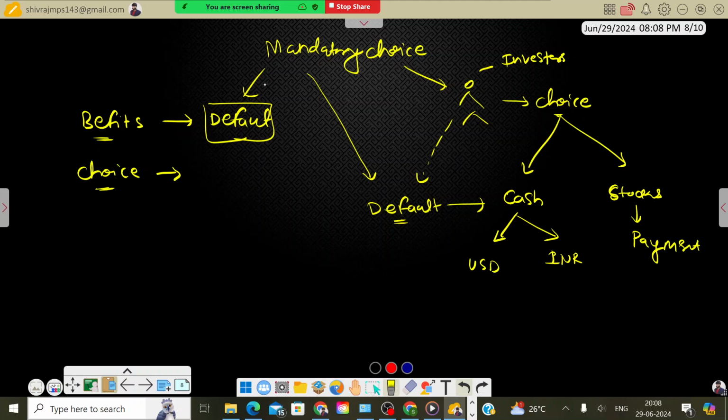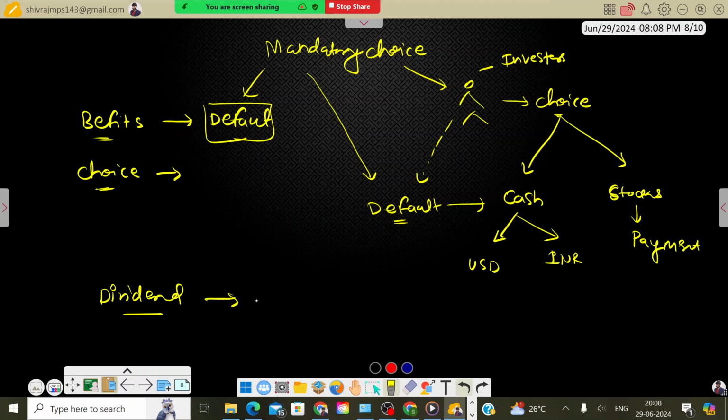All right. And when we say option, it means every investor will receive emails from the company, or sometimes they'll get messages from NSDL or CDSL for selection of a choice. Let's say XYZ company announced dividends, and the company wants to process dividends in two currencies, right?